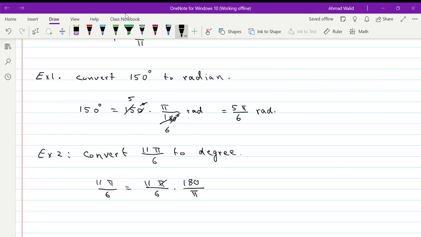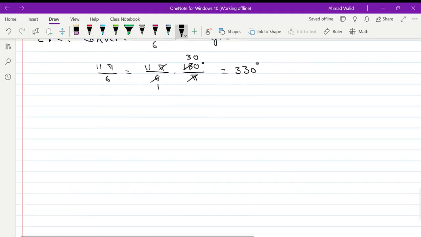Correct? Pi cancels out with pi. 1 time, 3 times. Correct? 11 times 30 gives you 330, and your unit will be degree. Correct? This is how you convert from radian to degree and degree to radian.